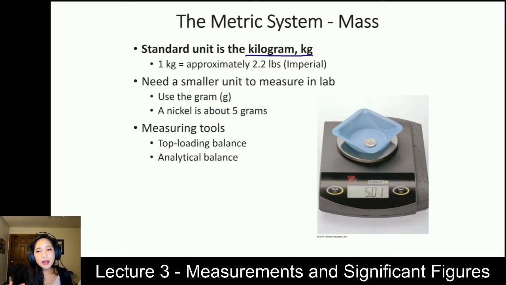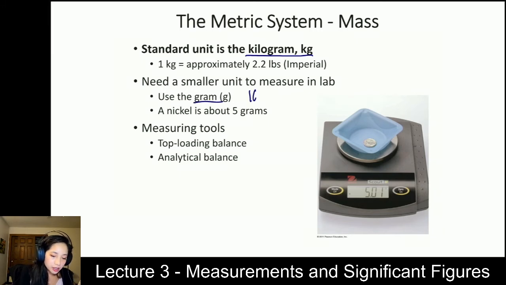We're typically not measuring things that are more than 2 pounds. We're usually working with a small amount of chemicals or powders or crystals or whatever. So we actually use just a fraction of the kilogram. We typically measure things in grams.